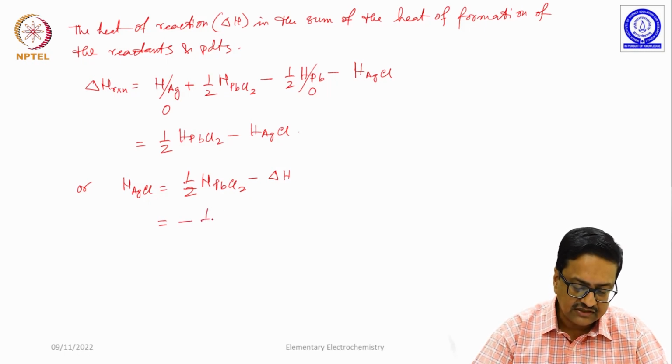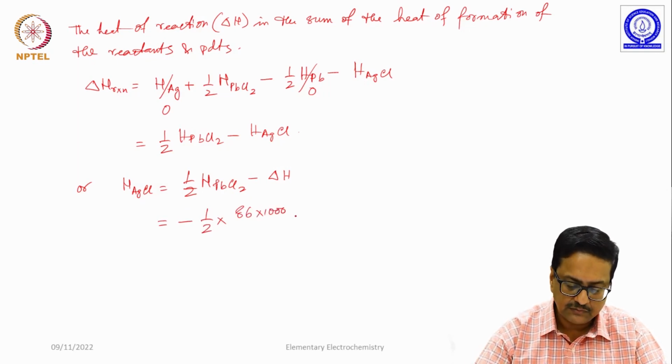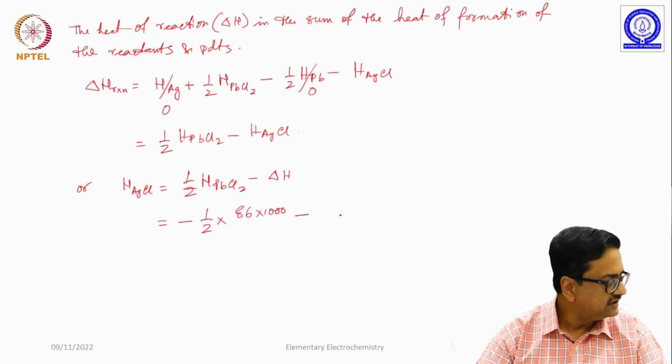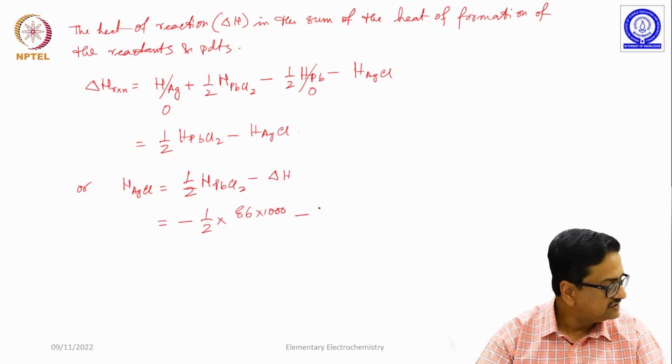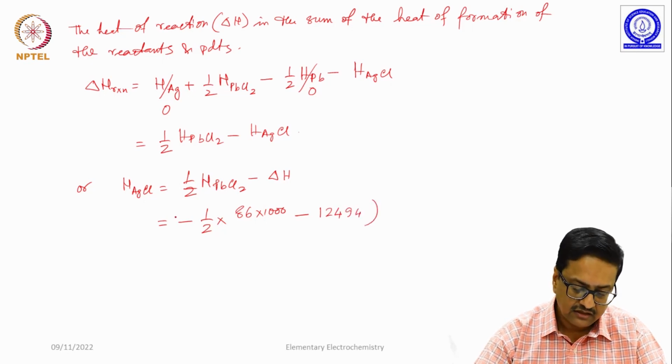So, we take it as minus half into 86,000 minus the delta H that we found earlier, which is 12494 calorie.